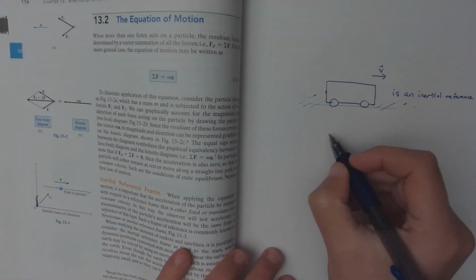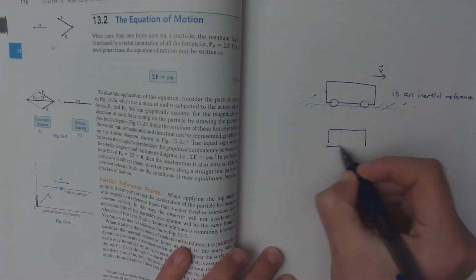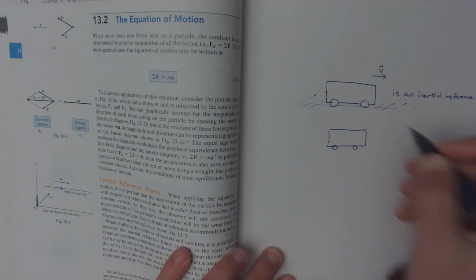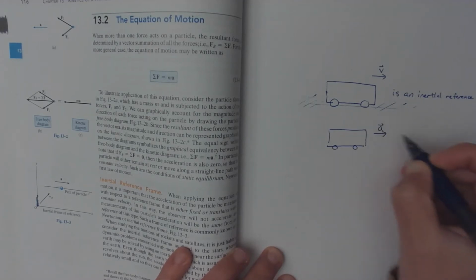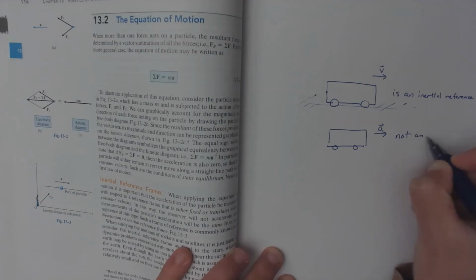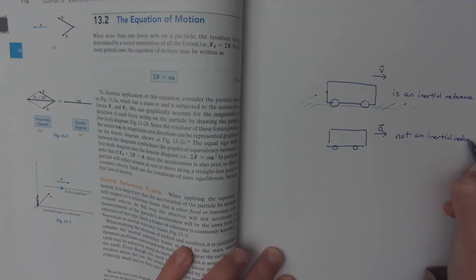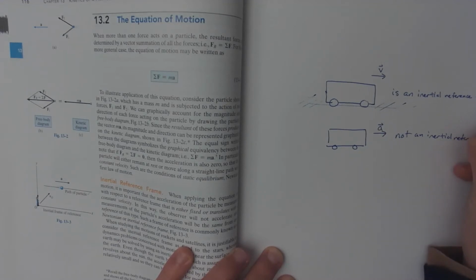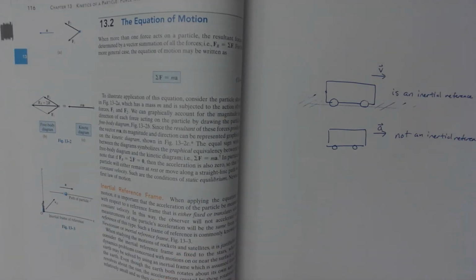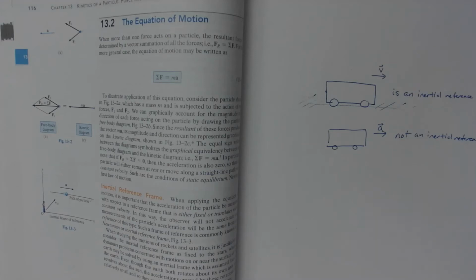However, if your train starts speeding up or slowing down, or if it goes around a corner, this is not an inertial reference frame. If you had the balls on the pool table and the train started to speed up, all the balls would roll to the other side of the pool table, if the train's accelerating that way.